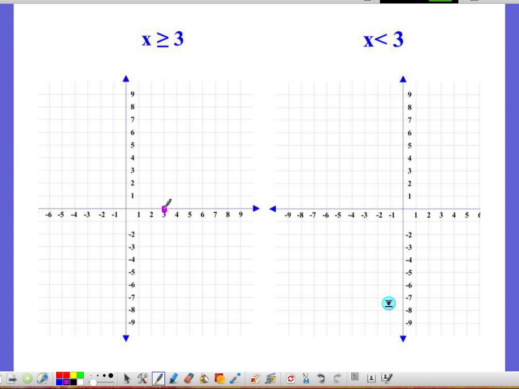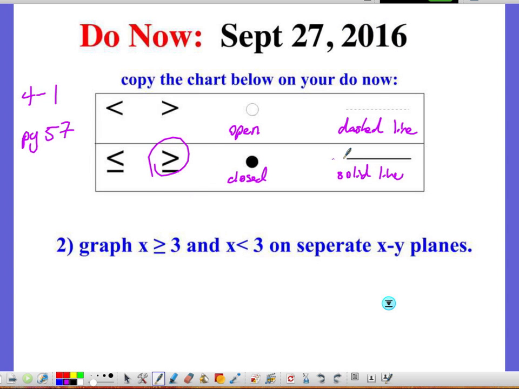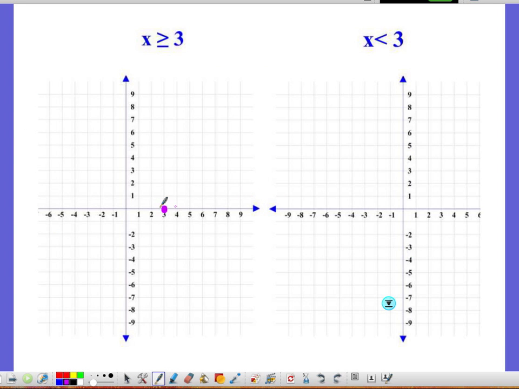And since we are in an xy plane and not just on a number line, that means that our line, since we're talking about the x-axis, if our point is on the x-axis, we use a vertical line. So we are using a vertical solid line since we have greater than or equal to.